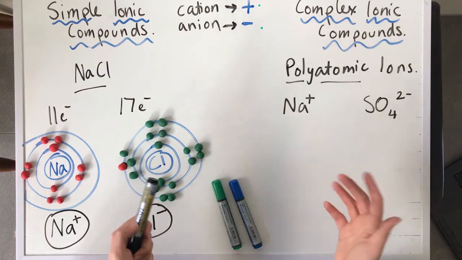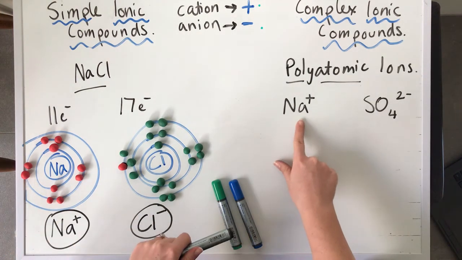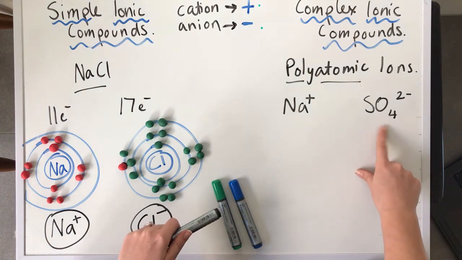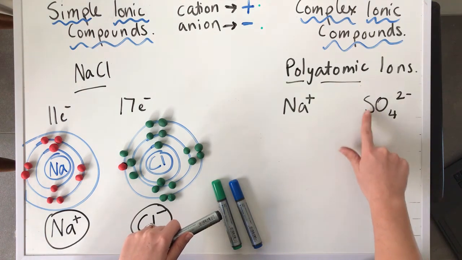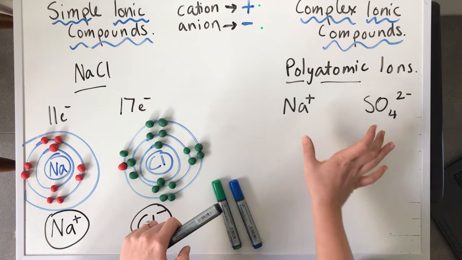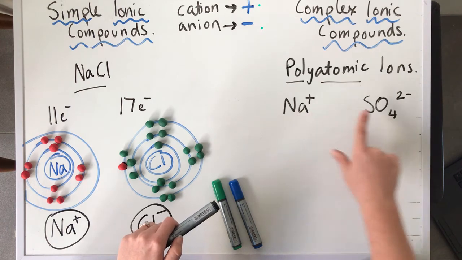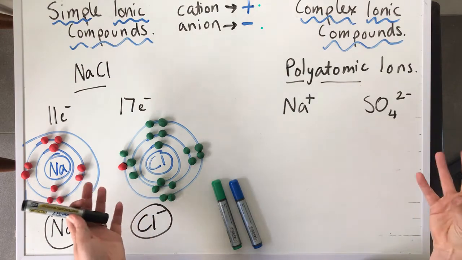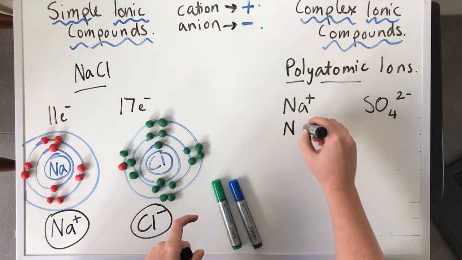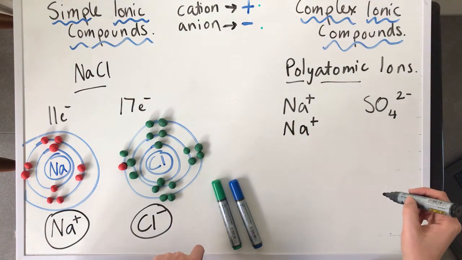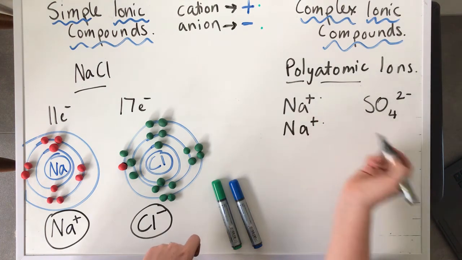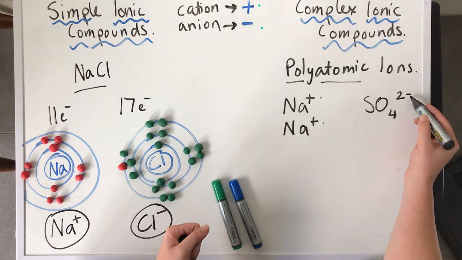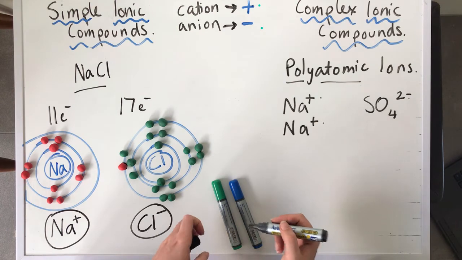How do I put these together? If I've got a charge of positive 1 here and a charge of negative 2 here with our sulfate ion, how many of these positives do I need to make this 2 minus neutral? Well, I'll need 2 sodiums because now I've got 2 positive charges which balance out with this negative charge of 2.